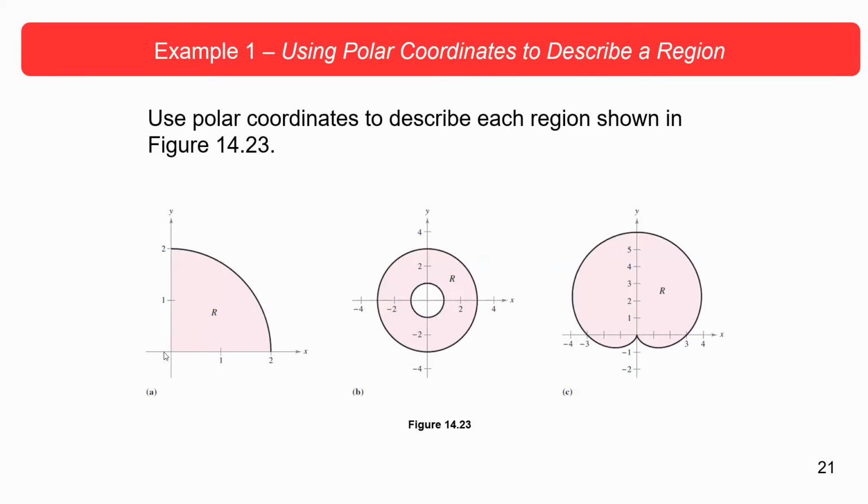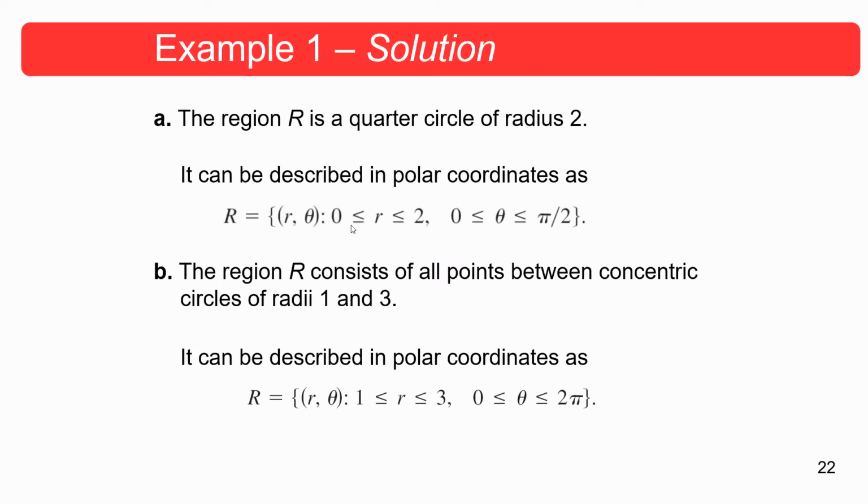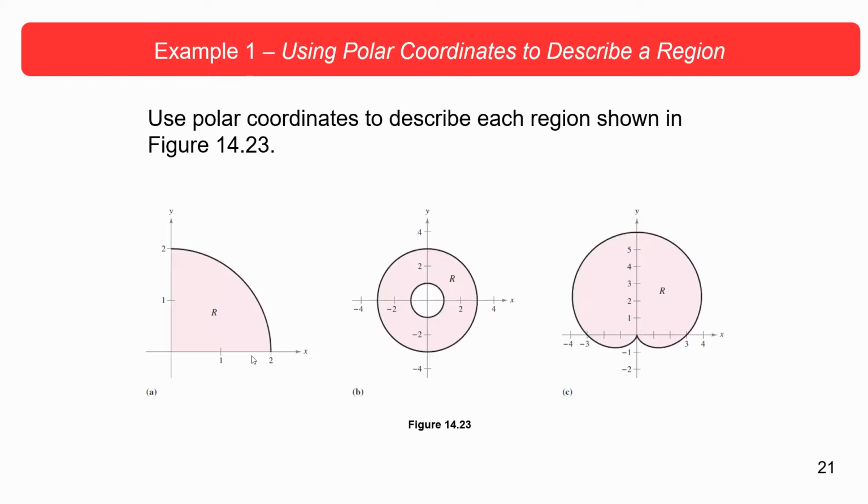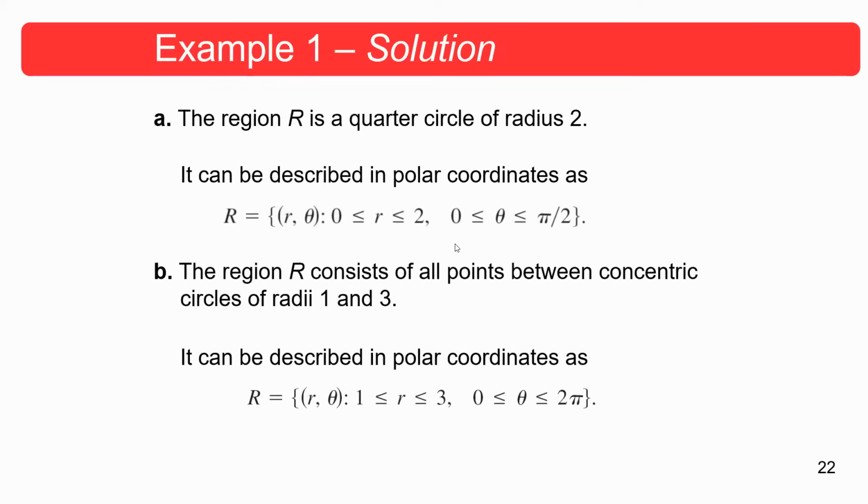The r would be from 0 up to 2 because the radius of a quarter circle is always the same. It does not change. It's always from 0 to 2. And in terms of theta, the angle would be from 0 up to 90 degrees. That's why you can see here the theta is from 0 up to 90.